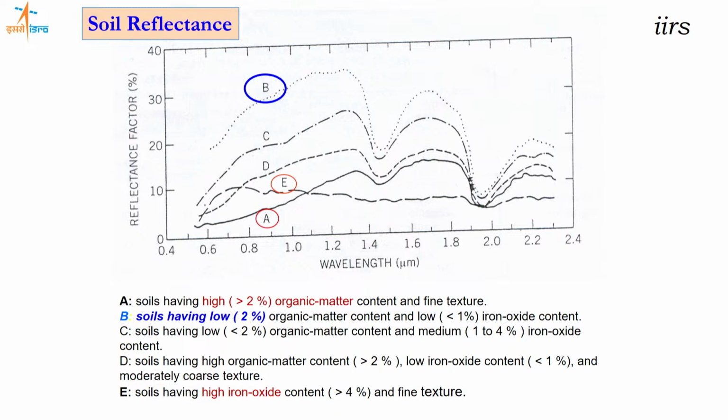If I establish the relationship between reflectance and quantity of organic matter, then I can map the organic carbon present in surface soils with remote sensing data very easily. And not only organic matter, but other mineral constituents like salt content or nutrient content can also be mapped using reflectance characteristics.